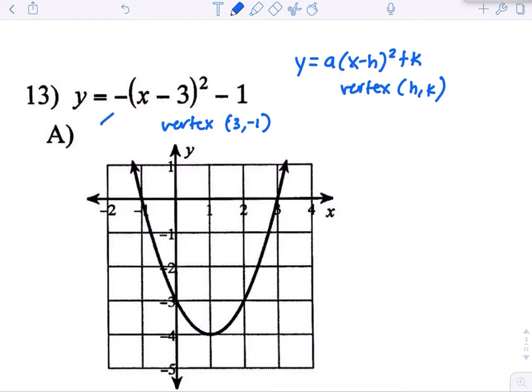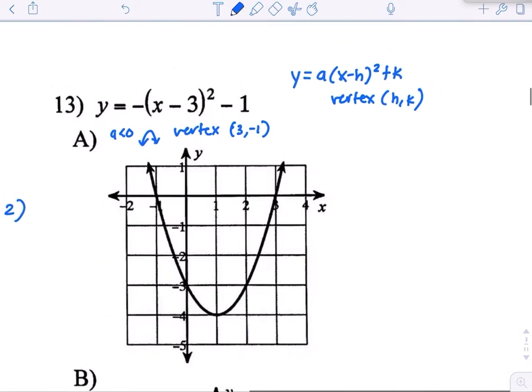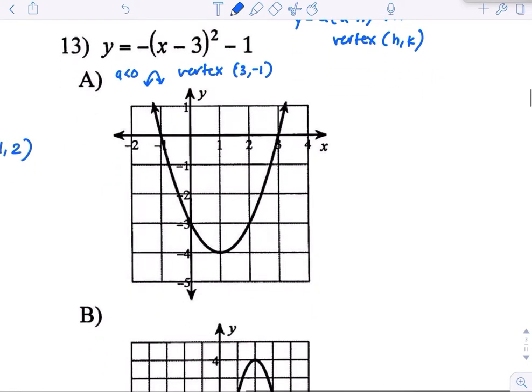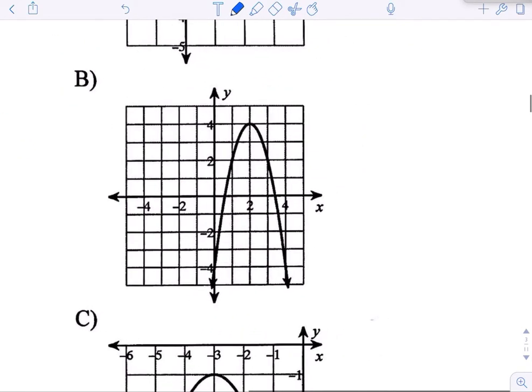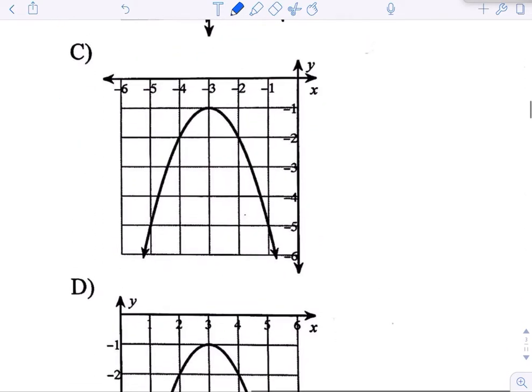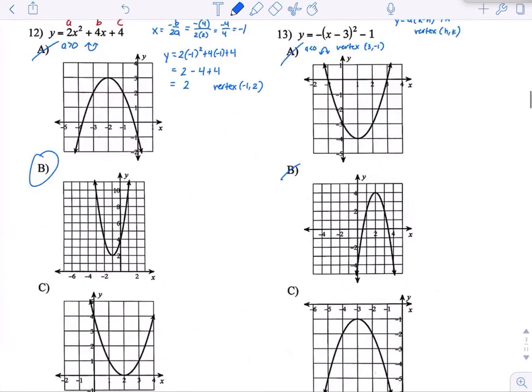Okay, now see that negative sign? That means your a is less than 0, which means you're going to have concave down, a sad face. So let's look for one that's concave down and has a vertex of 3, negative 1. That one does not. Sad face, but that vertex is not at 3, negative 1. Sad face. Oh, sorry. What am I looking for?